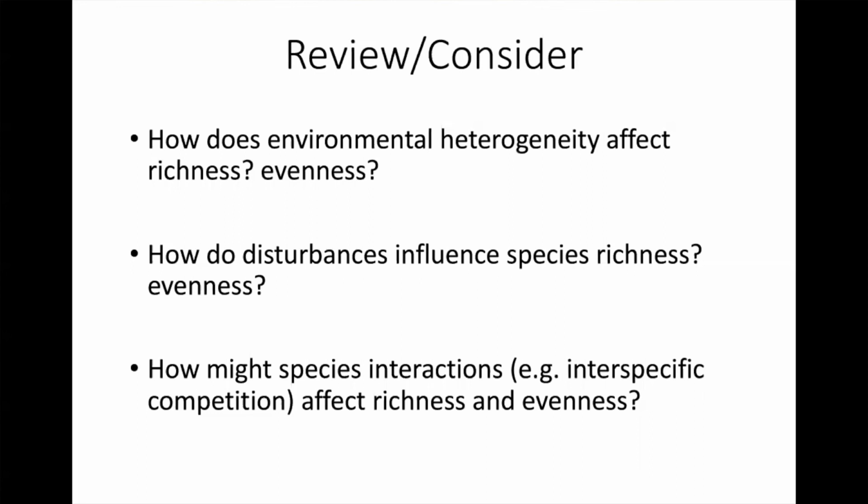So you could increase evenness if disturbances preferentially remove the common species. If disturbances remove the common species for the most part, then the other rare species get more opportunity to grow and increase their population size. Good. Anything else?